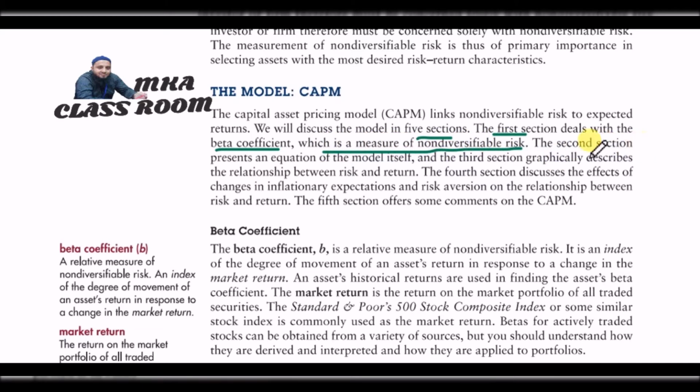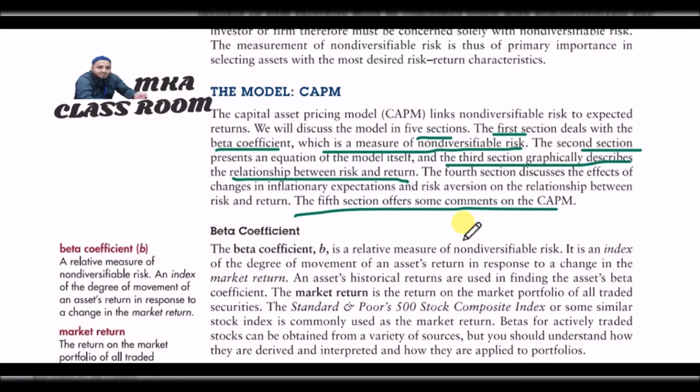The second section presents the equation of the model itself. The third section graphically describes the relationship between risk and return. The fourth section discusses the effect of changes in inflationary expectations and risk aversion on the relationship between risk and return. And the fifth section offers some comments on CAPM.